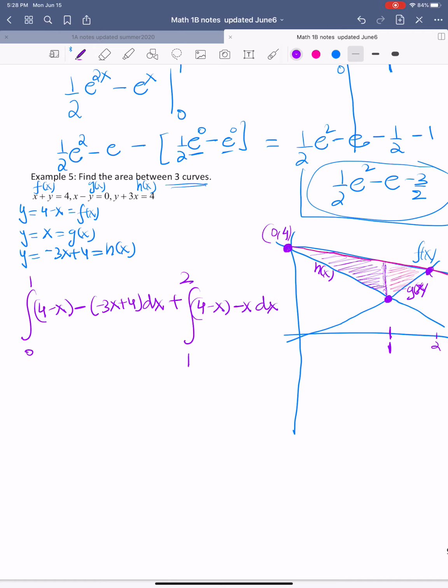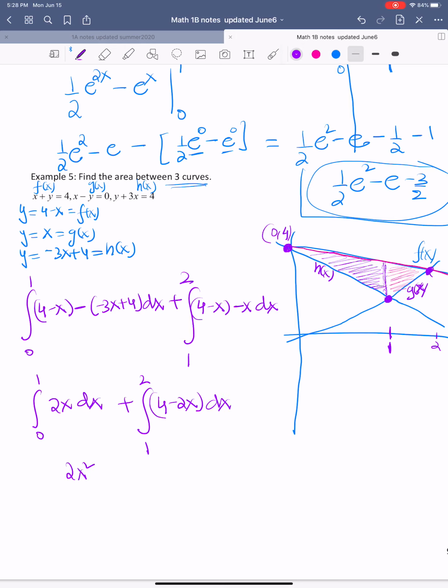Now we just need to evaluate these two integrals. Simplify, open up the parentheses, and I'm going to have the integral from 0 to 1 of 2x dx. When I open the parentheses and combine the like terms, the integral from 1 to 2 of 4 minus 2x dx.